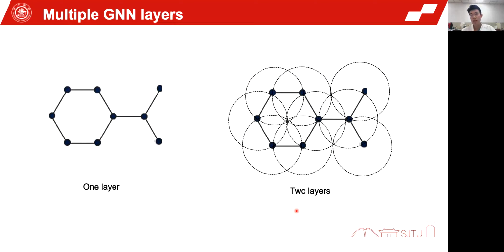In the case of two layers, the nodes not only know themselves, but they will obtain knowledge from their distance one neighbors, or one hop neighbors. And in the next step, the circle will be expanded to the neighbors of neighbors, which we call two hop neighbors. So by doing this step by step, a node can learn the knowledge from the whole graph, from the entire graph.